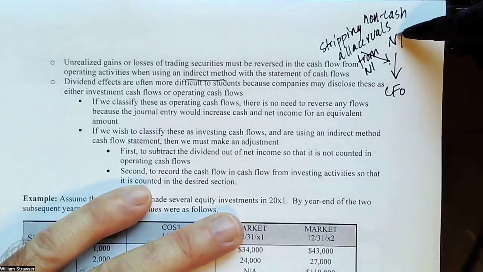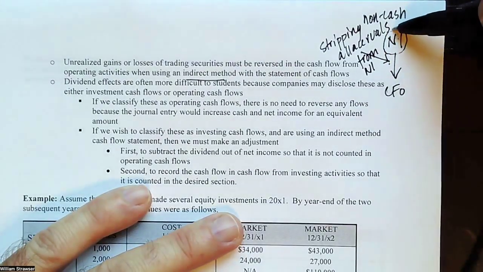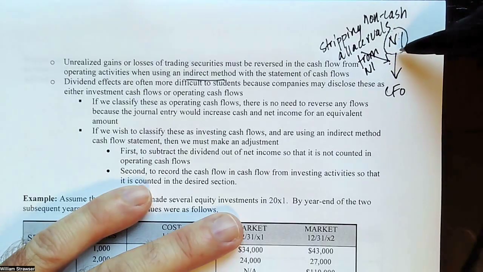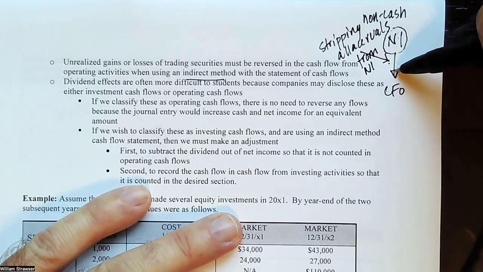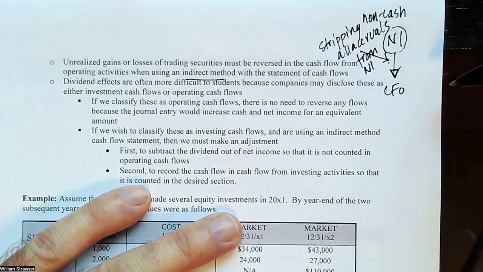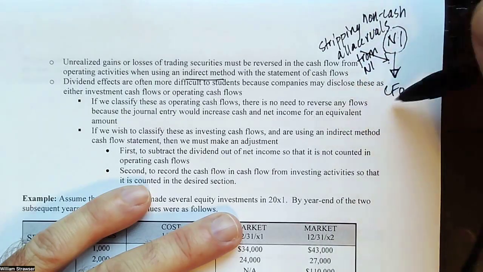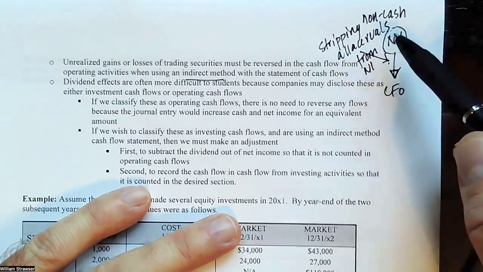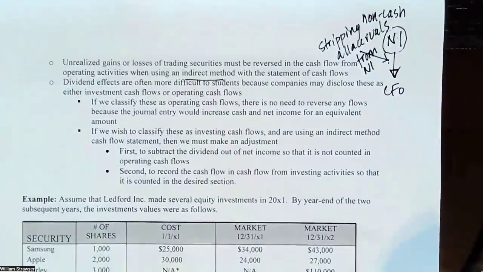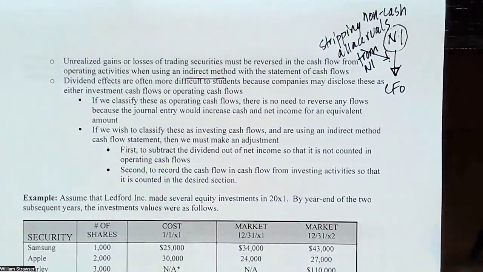So we're moving from a figure that contains those unrealized gains and losses or those realized gains and losses on sale to a measure that just records the amounts of cash that we received or spent. And the way that we do that is taking out the accruals that we recorded over time that don't necessarily reflect a cash event or might double count a cash event.